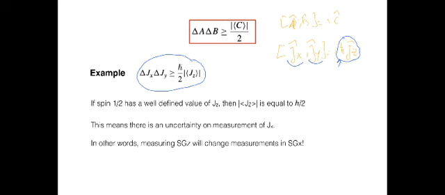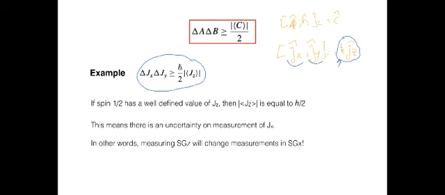Now, if I do take a random state, we have also calculated that the expectation value of Jz will be contributed equally from minus h bar over 2 and h bar over 2. So the absolute value of the expectation value of Jz for such a state would be 0.